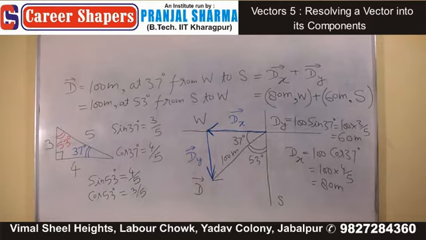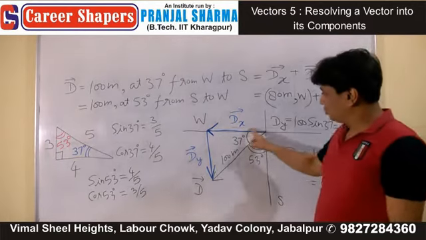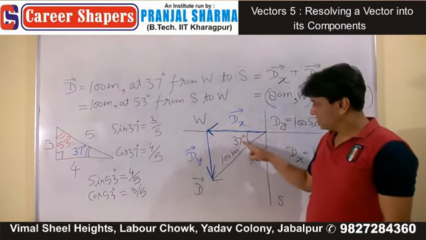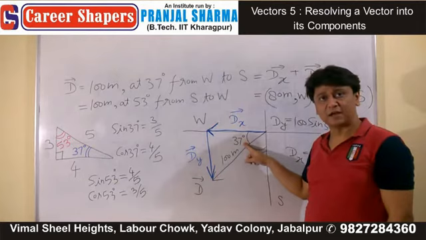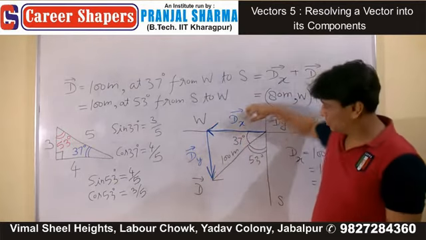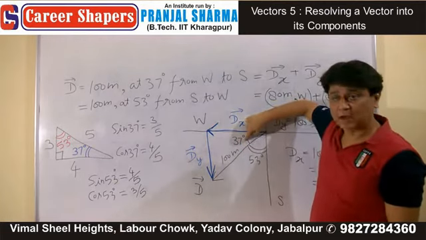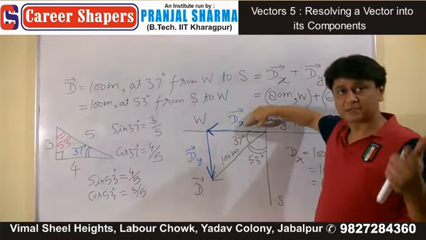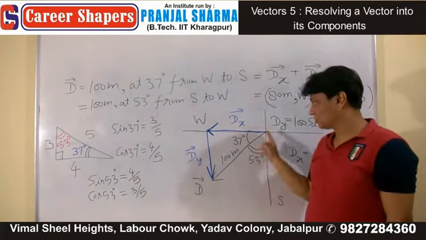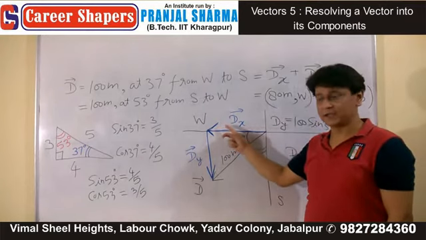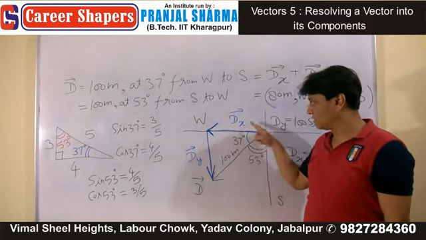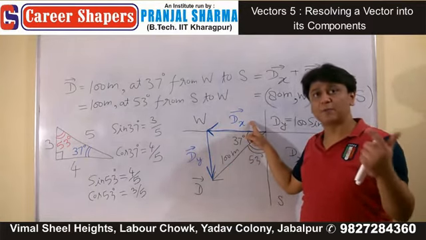So you cannot write dx as 100 sine 37. Why? 37, if this is the angle, then the arm which is adjacent to the angle is what? Base. There are two arms. The shorter one is base, the lengthier one is the hypotenuse. This 37, this dx, it is what? Base.